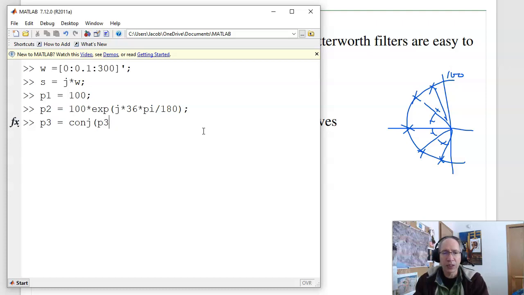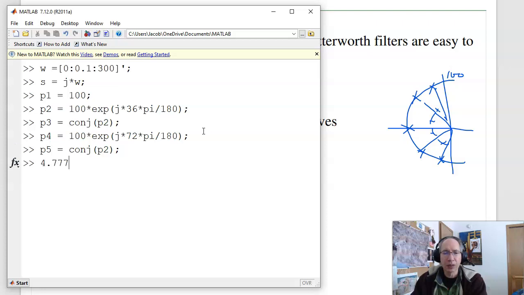Third pole is a conjugate of the second pole. Fourth pole is at 72 degrees. And the fifth pole is the conjugate of the fourth pole. Oops, I missed. So here's G of s.